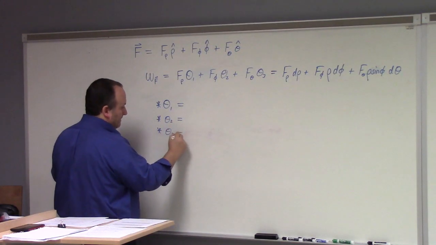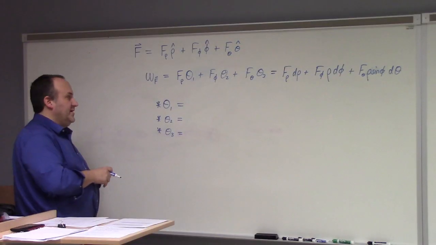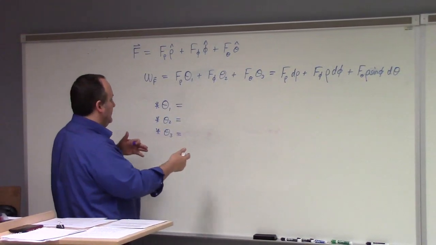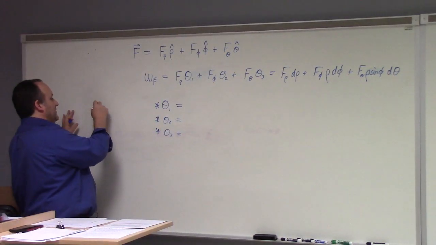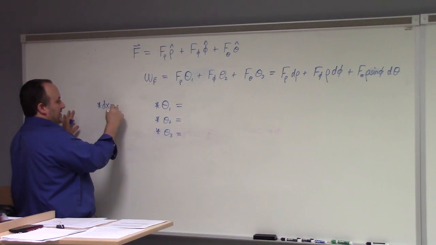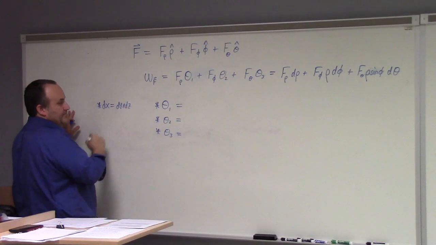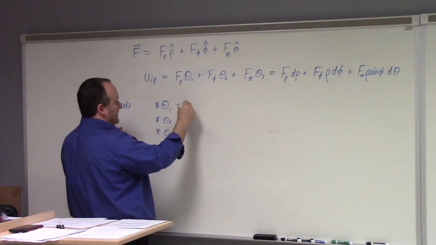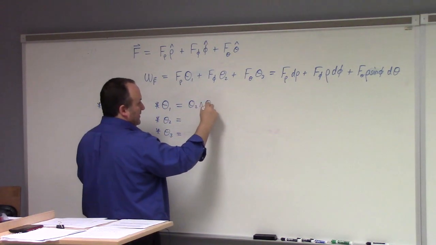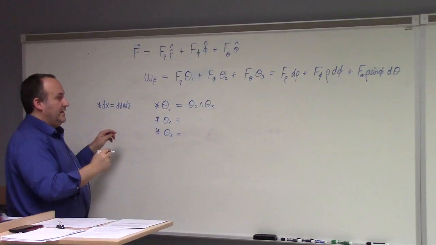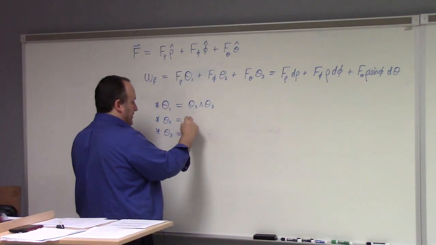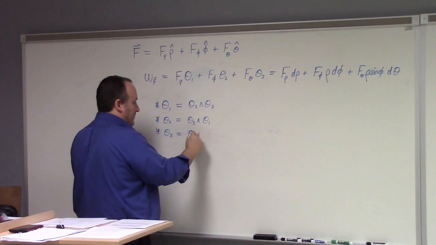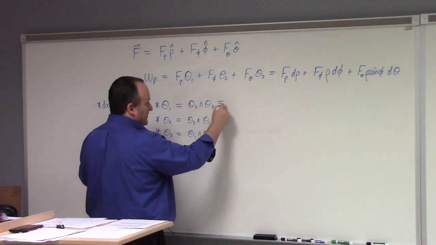What are they? Care to guess? The structure here is the same as it was for the Hodge dual of dx, which was dy wedge dz. It's the same pattern, actually. The Hodge dual of theta 1 is theta 2 wedge theta 3. The Hodge dual of theta 2 is theta 3 wedge theta 1. And the Hodge dual of theta 3 is theta 1 wedge theta 2. Now, in the spherical basis, what are these?